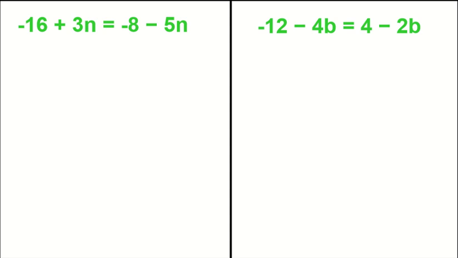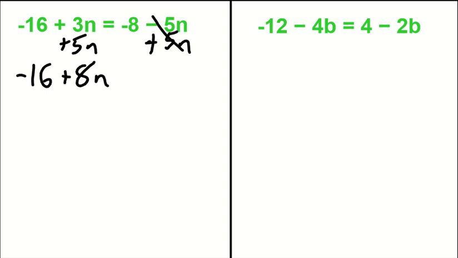All right, so 3n or minus 5n, which one's lower? Minus 5. So we're going to move the minus 5 by adding 5n to each side. So we add the 5n. It cancels out there on the right. So we got minus 16 plus 8n equals minus 8.